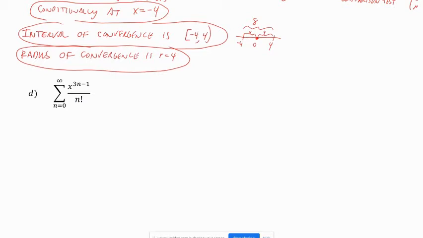Okay, so for example D, using the ratio test, L equals the limit as n approaches infinity of x to the 3n plus 2 over n plus 1 factorial divided by x to the 3n minus 1 over n factorial.